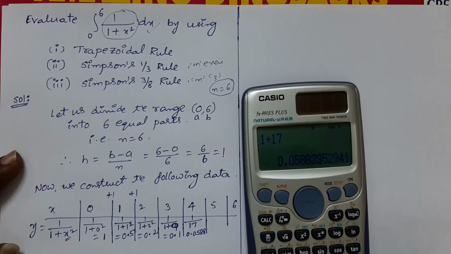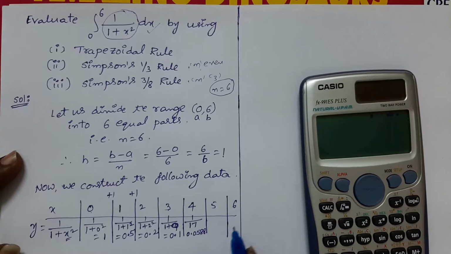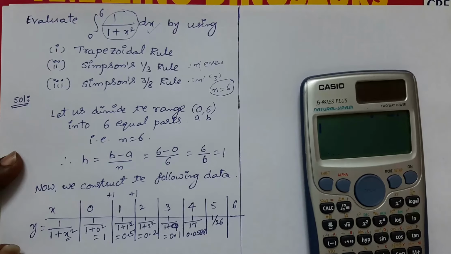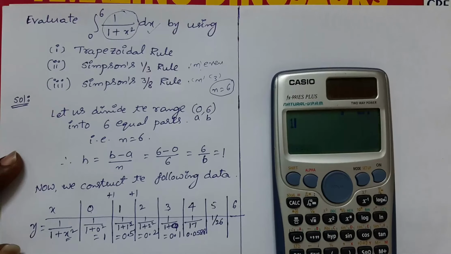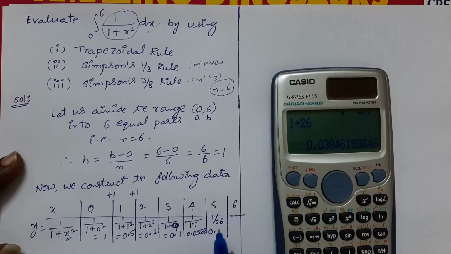Okay, next calculate this one. 1 by 1 plus 5 square, 25, that is 1 by 26. You should calculate 1 by 26 now. 1 by 26 is equal to 0.03846.